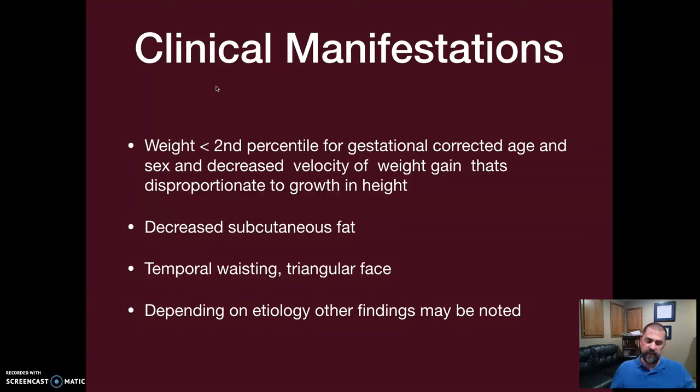And then depending on if there are any underlying etiologies, you may see signs or symptoms of that on exam or by history. You may also see on the growth chart that they drop below 2 major percentiles from their previous weight, and that's also a sign of failure to thrive.